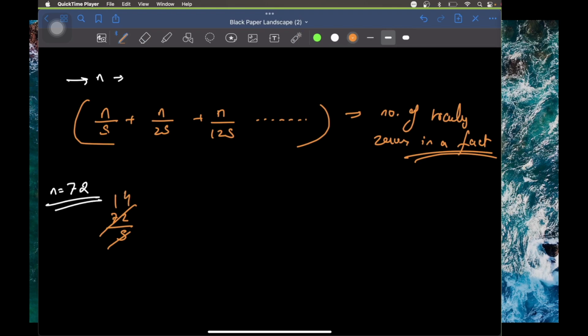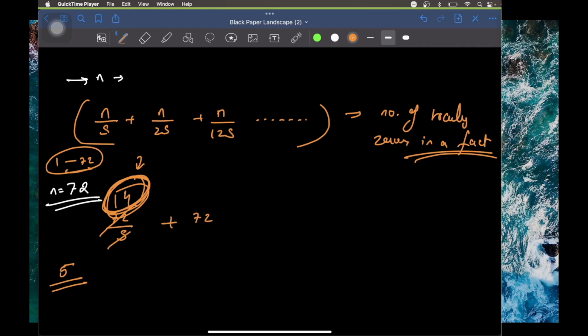So you get 14 such numbers in the range 1 to 72, which if all multiplied together, there will be 14 such numbers which can give you at least one factor of 5. So definitely there are at least 14 factors, but there can be more.